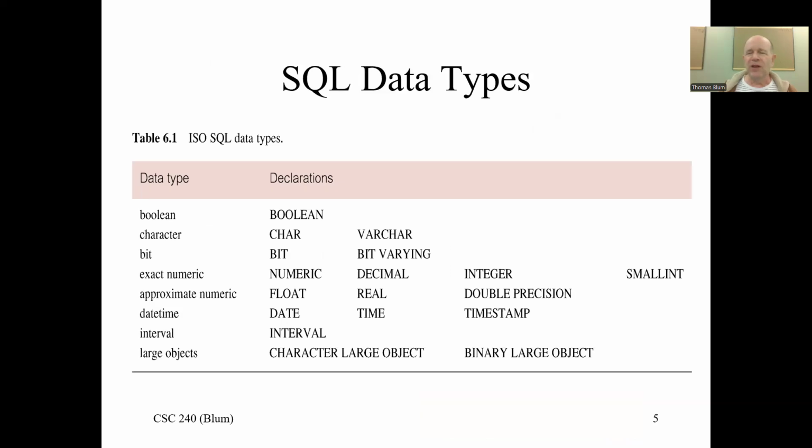So one of the next things that one does when defining an attribute is to give it a type. There are a number of standard types in SQL. A Boolean is something that's true or false. Some languages will just say text, but some languages will specify between char, character, and varchar.